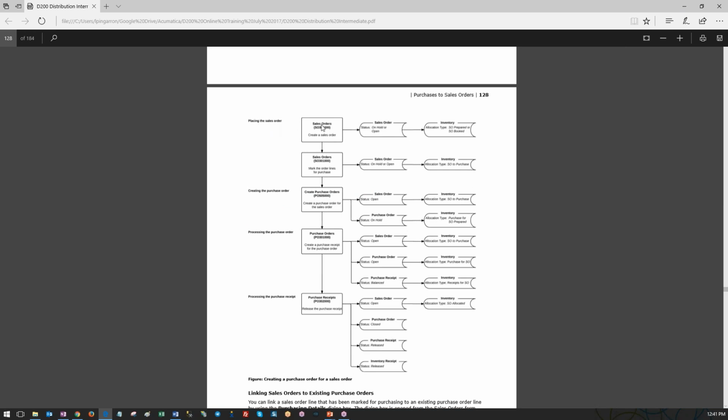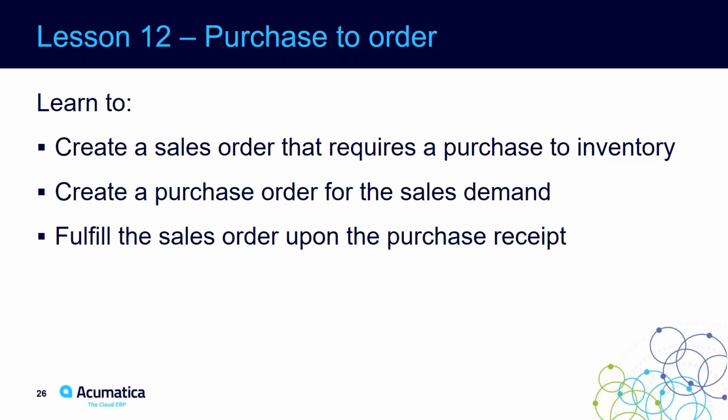We place the sales order, we mark it for PO, we create the purchase order, we process the purchase order, and then once we process the purchase receipt, the inventory will be available in our warehouse, and the sales order will be able to create and process the shipment in order to deliver the items to our customer and then invoice for those items. Okay, so let's continue.